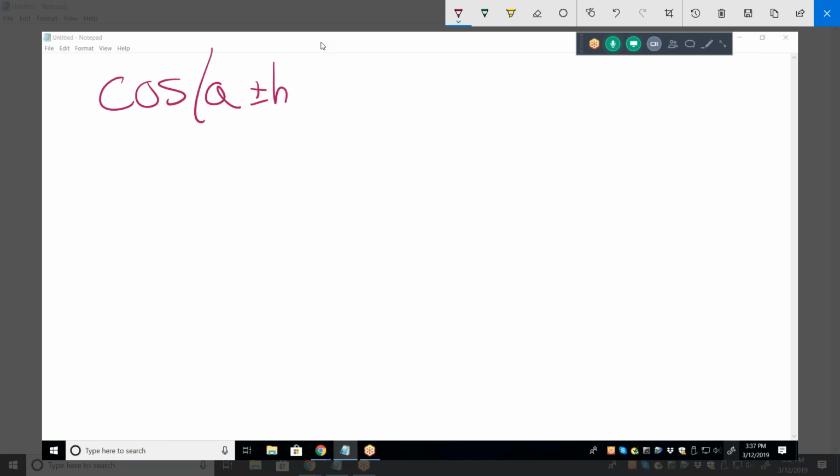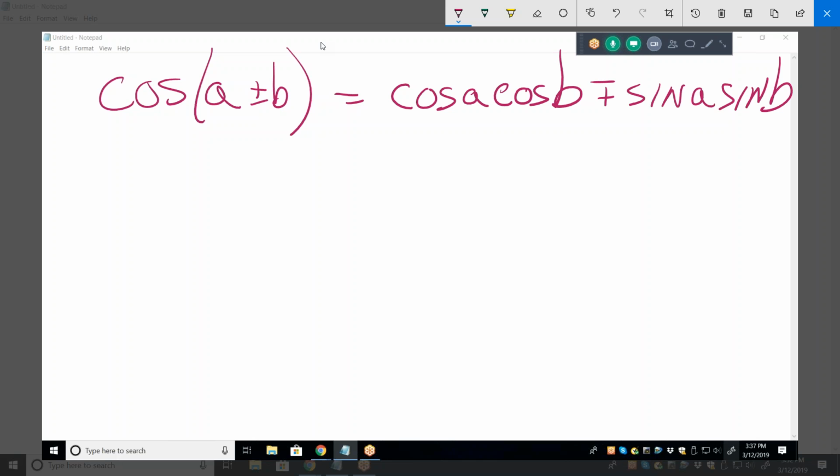Hold on, let me write it out. And there is a good reason why they teach you the cosine first. What's the rest of it? Okay, that's very easy to remember, right?